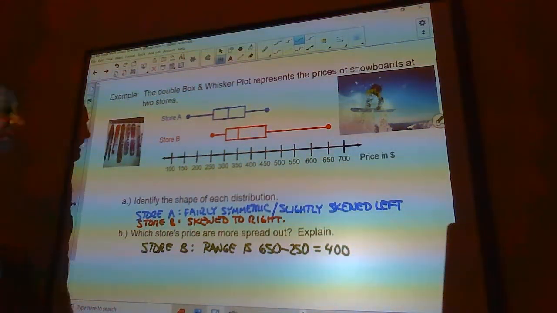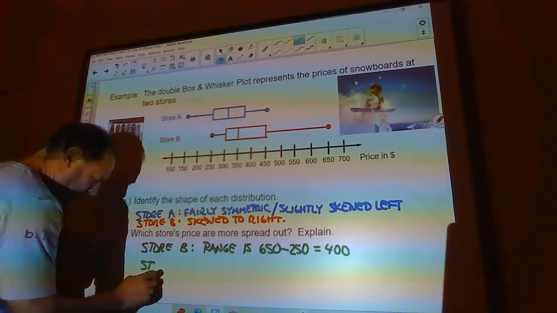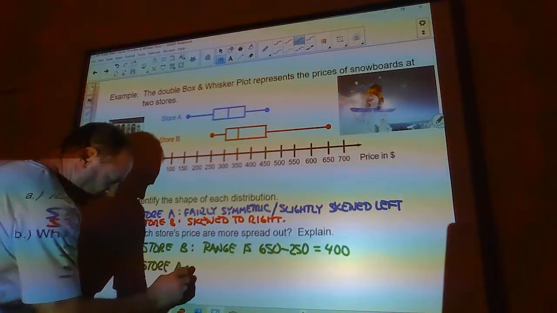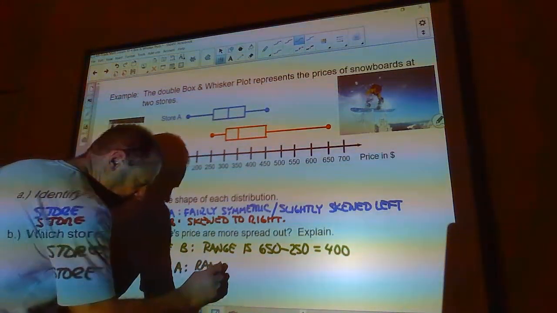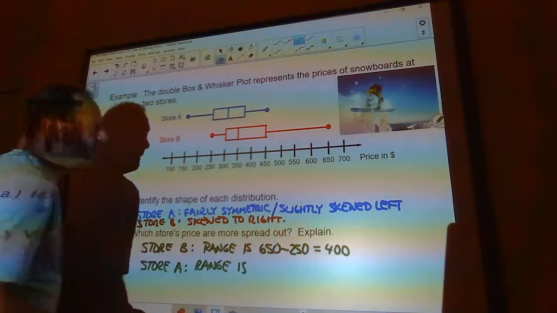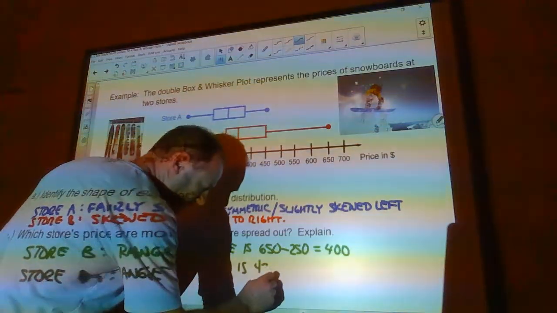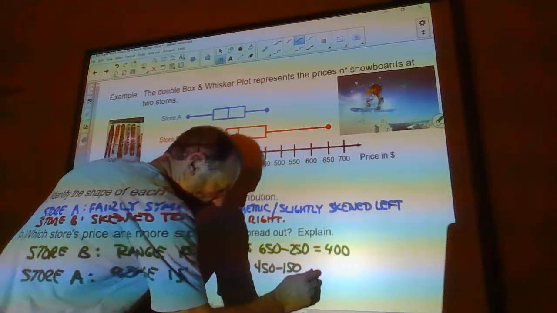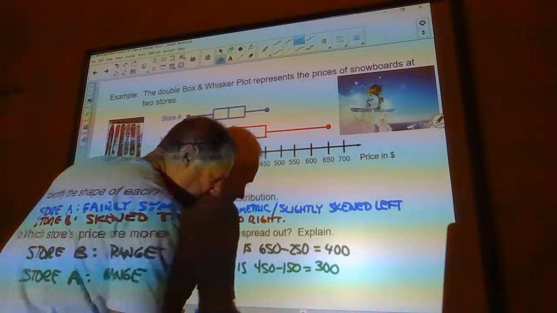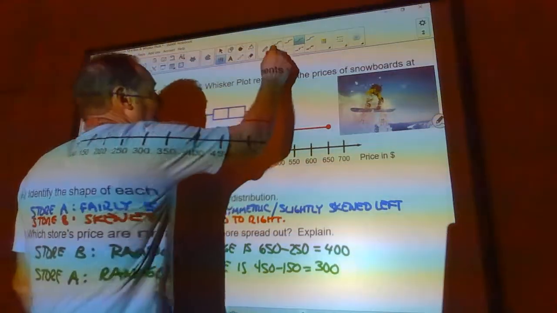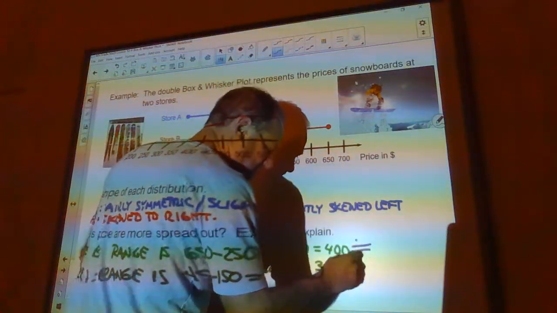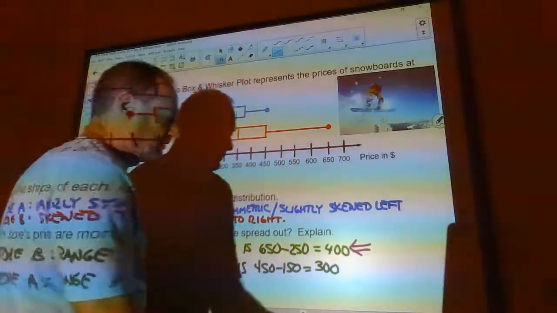Now, store A, the range is going to be 450 minus 150. So its range is only 300. Okay, so this one is definitely more spread out.